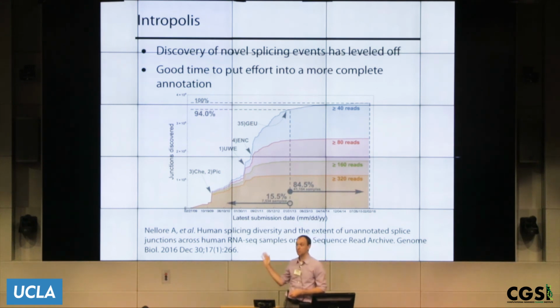What's interesting is it levels out, and in fact, it leveled out a while ago, like in 2014. In other words, we haven't really been discovering very many new junctions in human since 2014, even though there's been a huge amount of deposition of data since then. So another part of the answer to your question is, now's a good time. This would not have been such a good time, but now we're in the level off period, so it might be a good time to assemble resources like that.